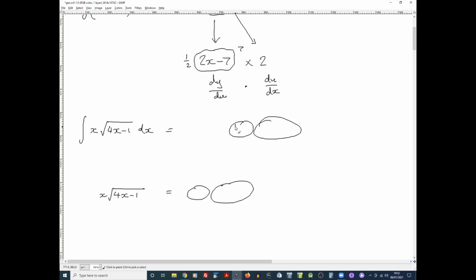So you're going to integrate x, fine. Then root 4x minus 1 was a chain rule. So it would be to the half and then times by 4.